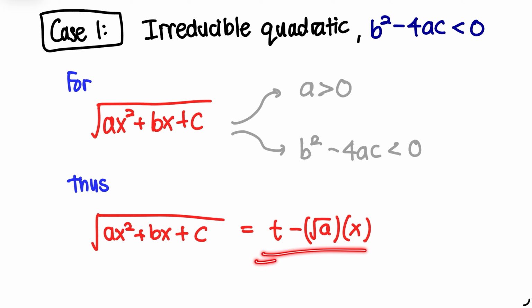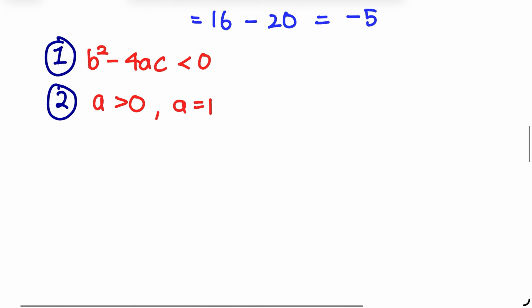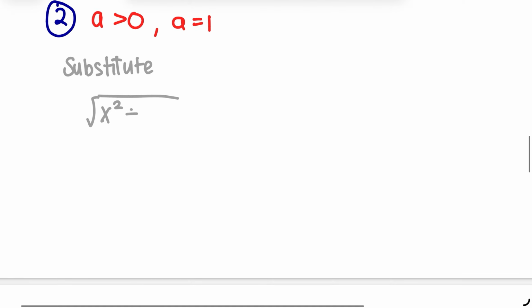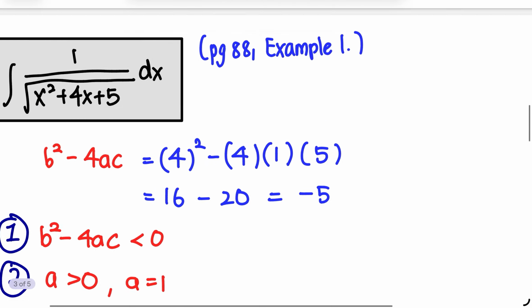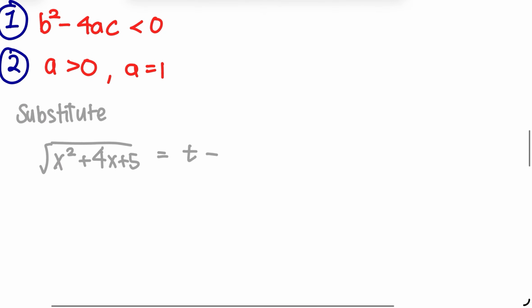We're going to take the substitution t minus square root of a times x. Let's try it out. Substitute: the square root of x squared plus 4x plus 5 is equal to t minus square root of a times x. a is 1, so it's just t minus x.